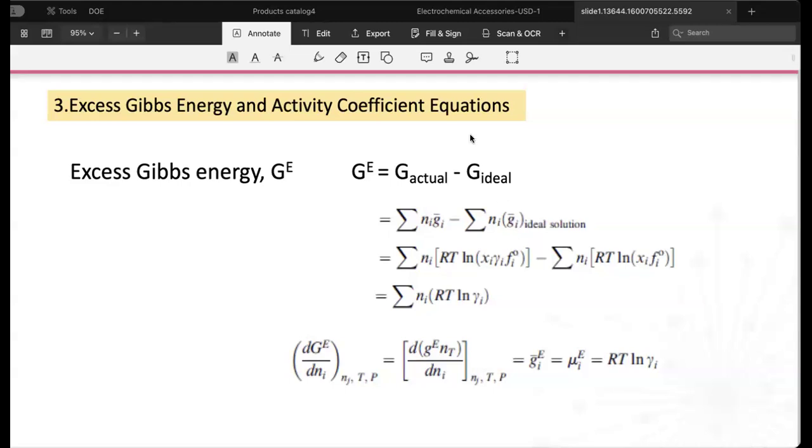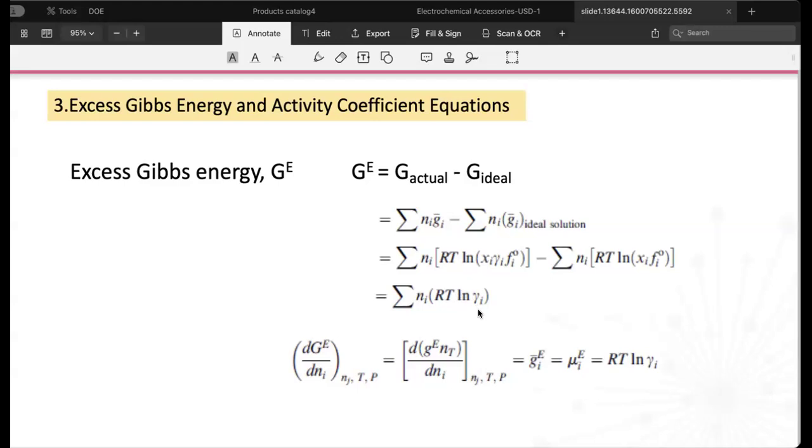So if we look at the excess Gibbs energy, of course it's actual G subtract by ideal G. G is Gibbs energy, of course, and this excess Gibbs energy can be calculated by summation of Ni RT log gamma i.